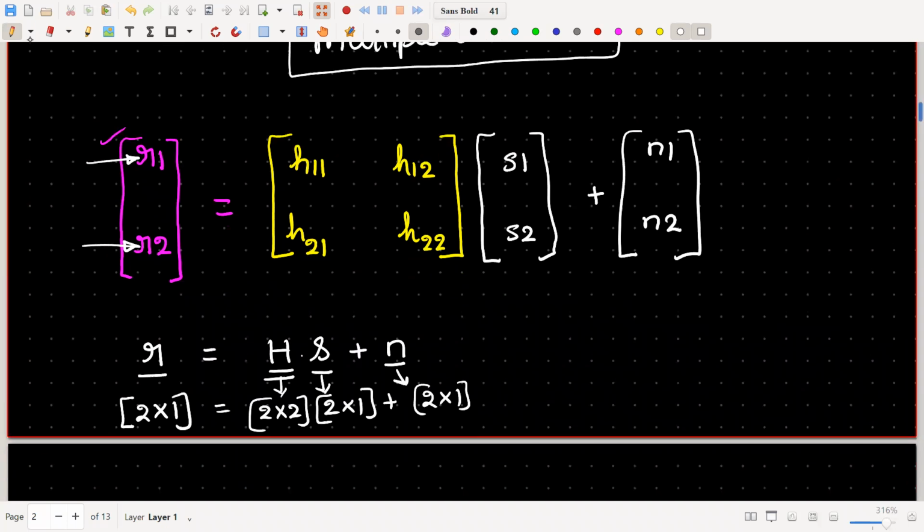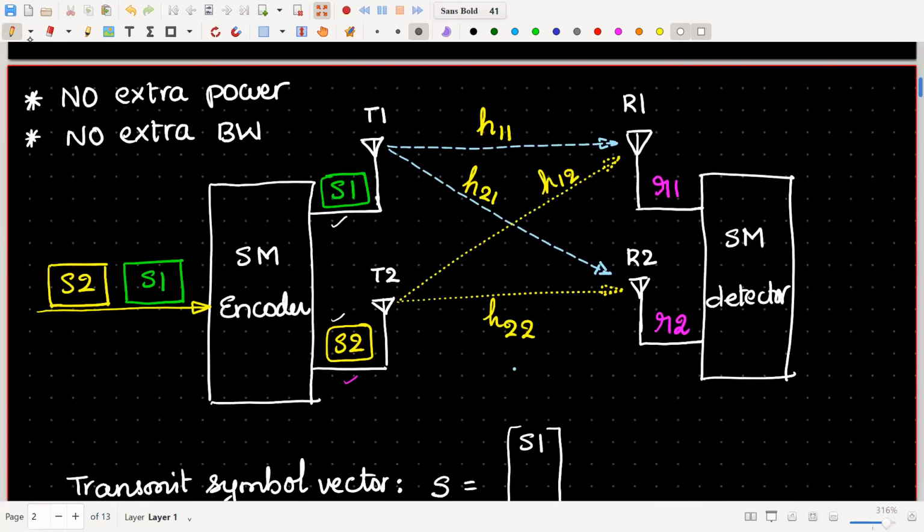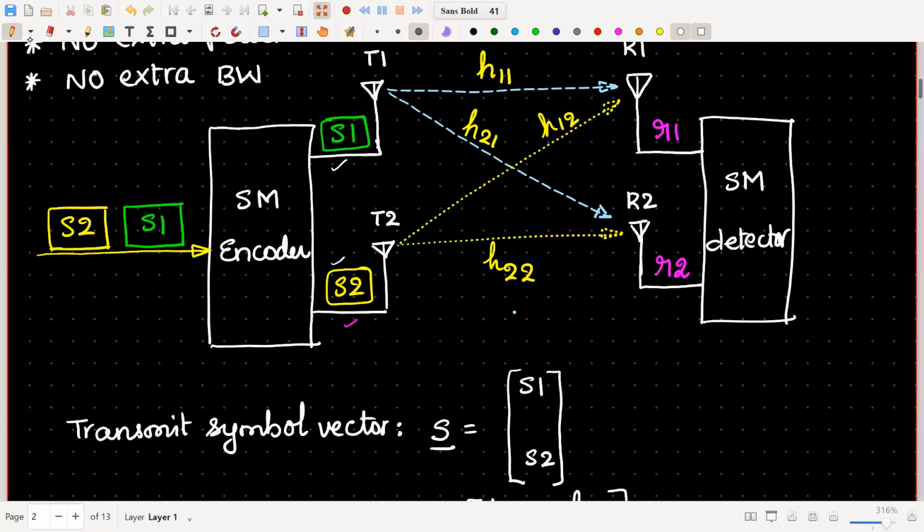Now I want to go for the detection purpose. There are several methods currently in use for detection processing. One of those methods is the maximum likelihood method, which I use at this block.